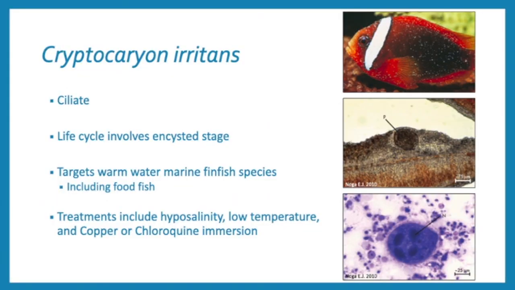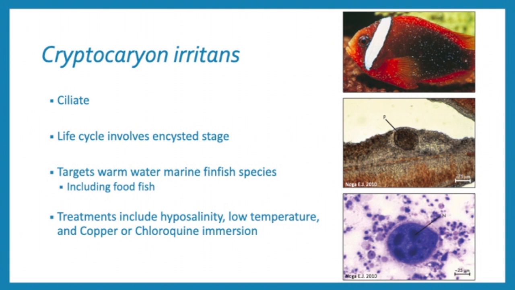Going a little bit deeper, Cryptocaryon, like I said, causes these white spots. It's the trophont stage that embeds within the scales in the epidermis. This life cycle is complex. It has that cyst stage, so it can be resident in your systems even when you don't think anything's happening.